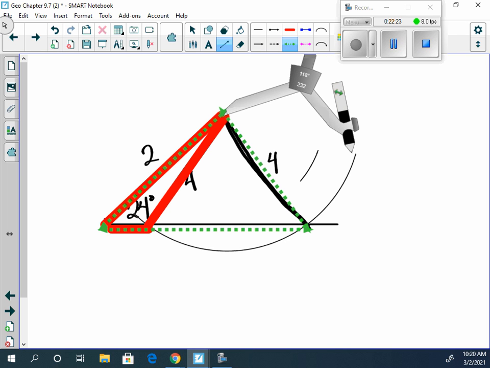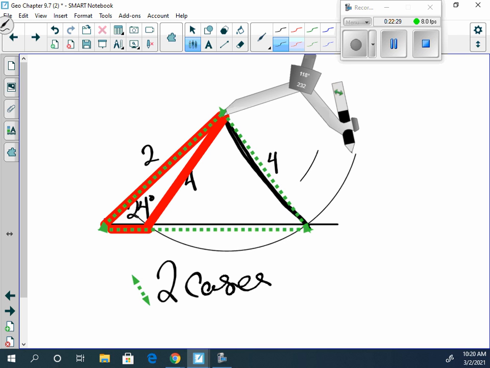Well, no. This is where the hiccup comes. This is law of sines. Because what we can deal with is a spot where there are 2 cases. Because given 2 sides and an angle, there is a chance with law of sines that we could have a case where there's 2 triangles that hold true.